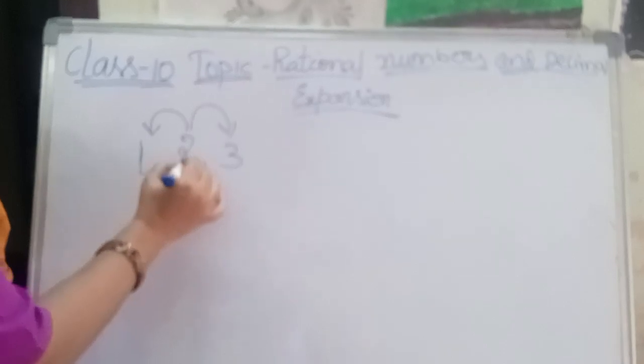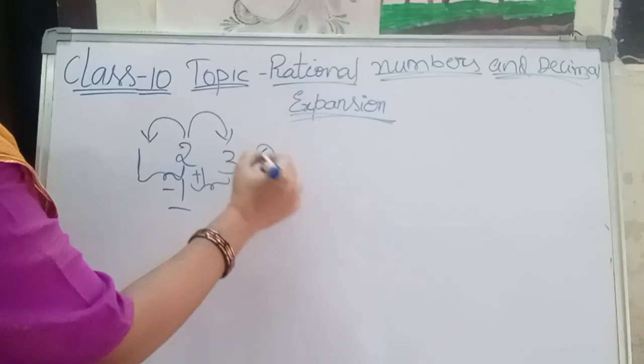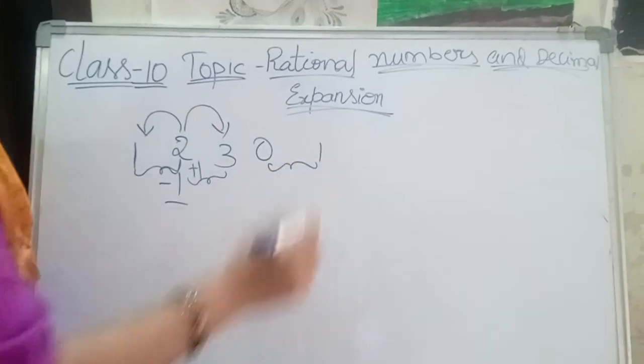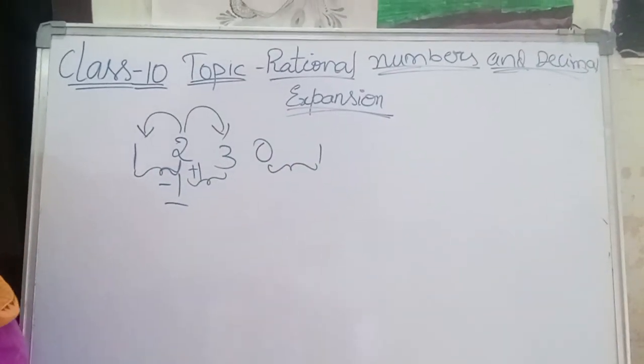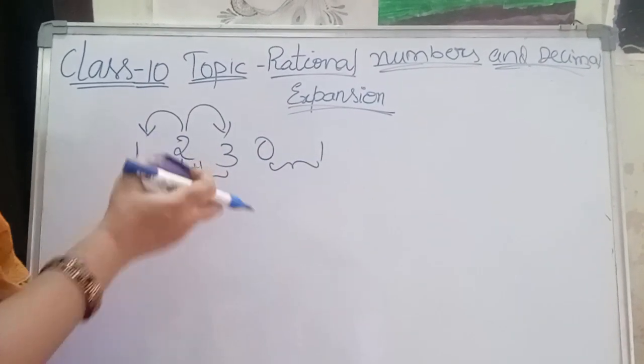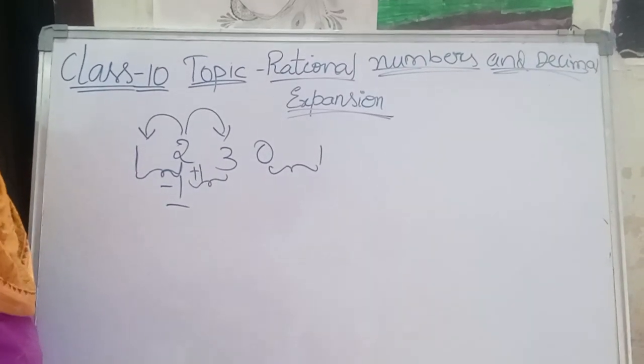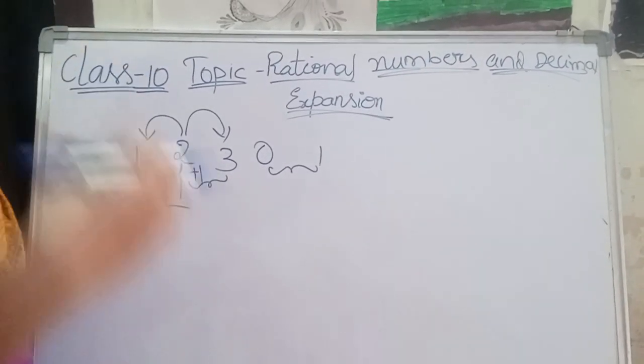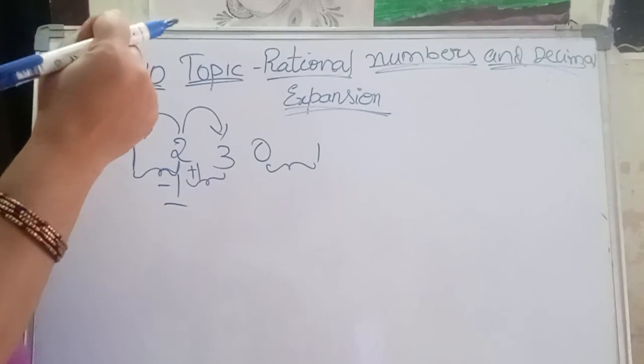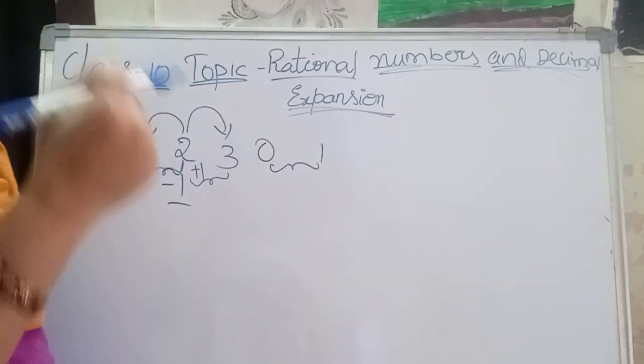But if I ask the numbers between 1 and 2, or between 2 and 3, or between 0 and 1, what can you say directly? Before, if I asked you the preceding number of 2, you would say 1 directly.